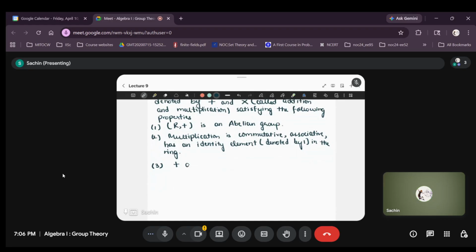But if you look at integers and all, they have the distributive property also.